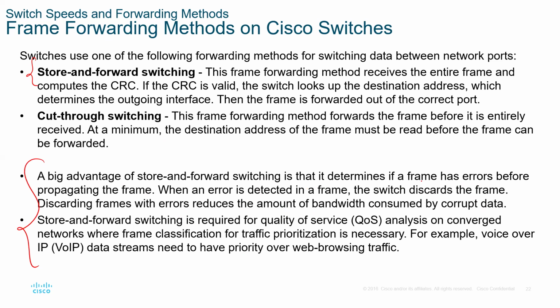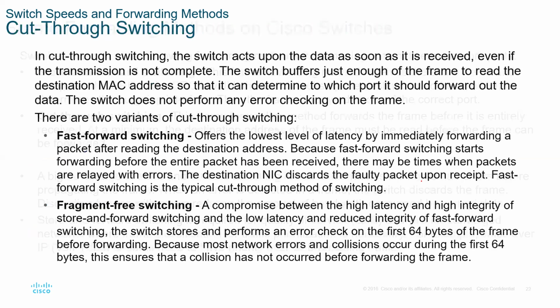Store and forward switching is required for QoS analysis on converged networks where frame classification for traffic prioritization is necessary. For example, voice over IP data streams need to have priority over web browsing traffic. Okay, store and forwarding, very important for prioritization of traffic.